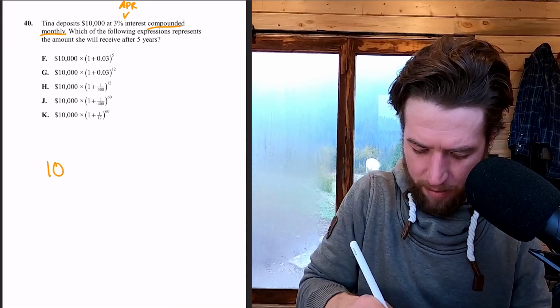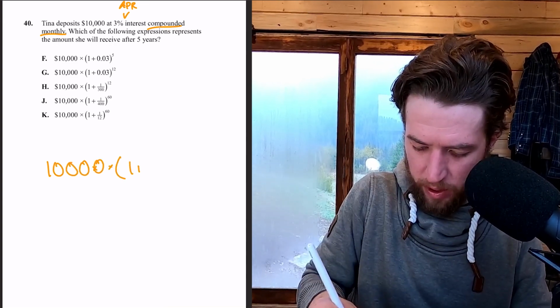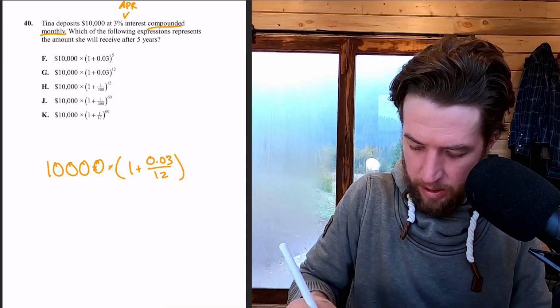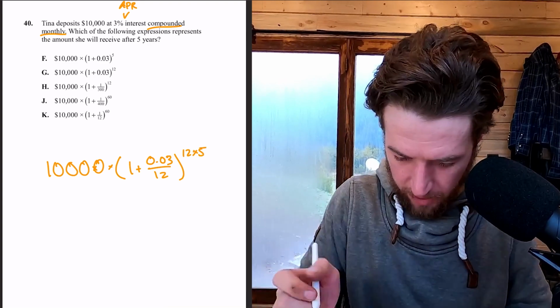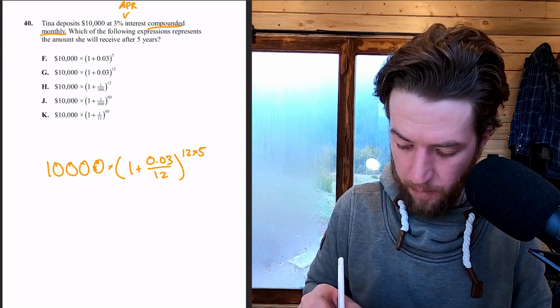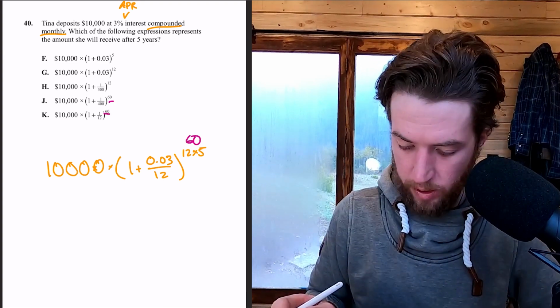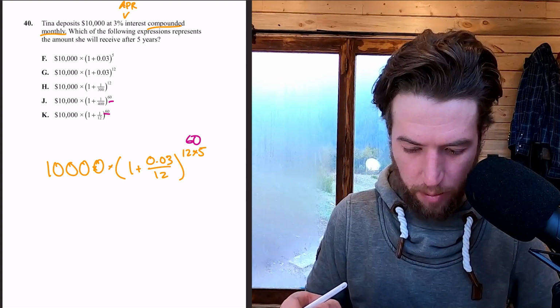So if I remember how this goes, it's 10,000 times 1 plus 0.03 divided by 12, to the 12 times 5. Okay, let's see if that even matches any of these. No. That's 60. So, but 1/12. Oh wait, no, 0.03. 3% interest.